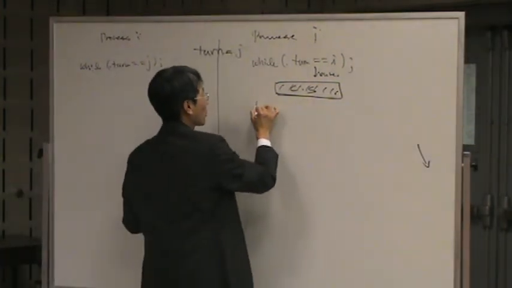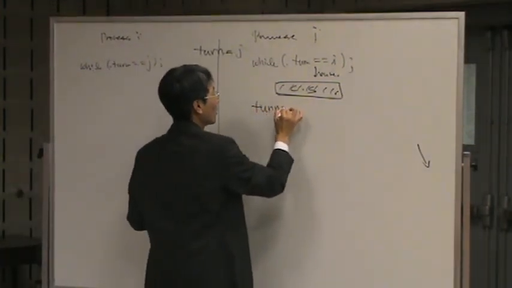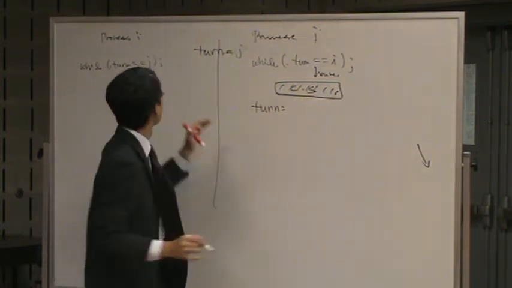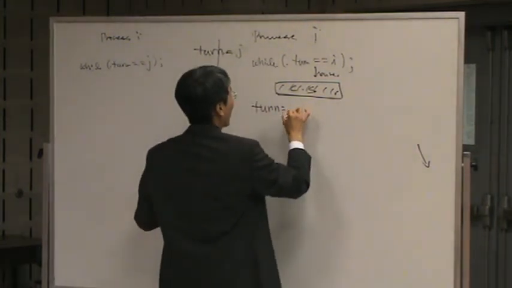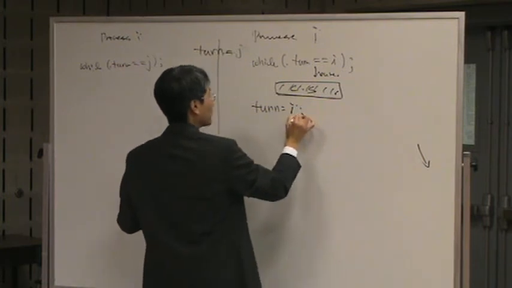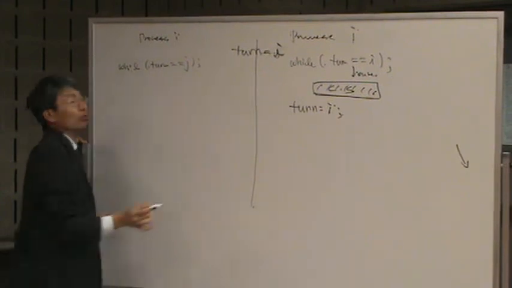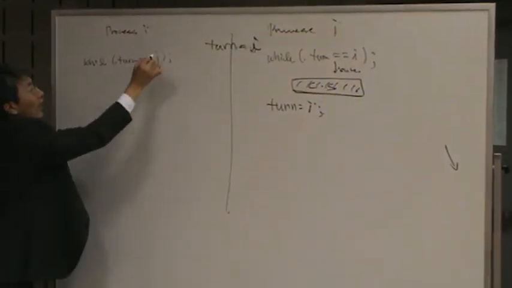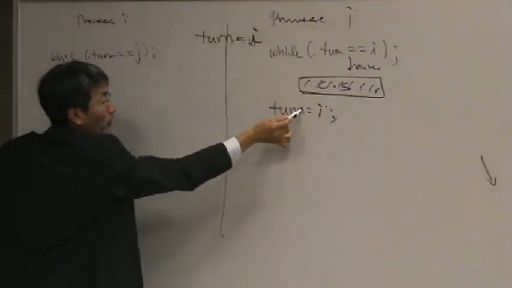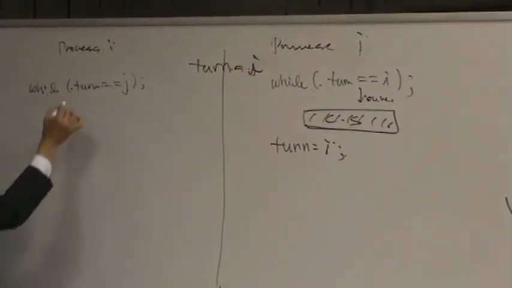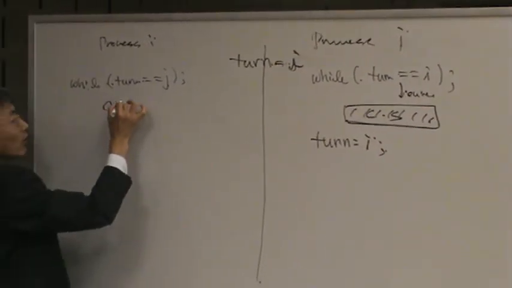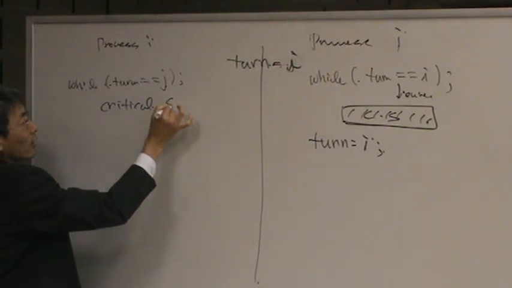Exit means the turn is what? It's I. Then this variable is changed to I, so it is not J. Right after turn is changed, this is enter, critical section.